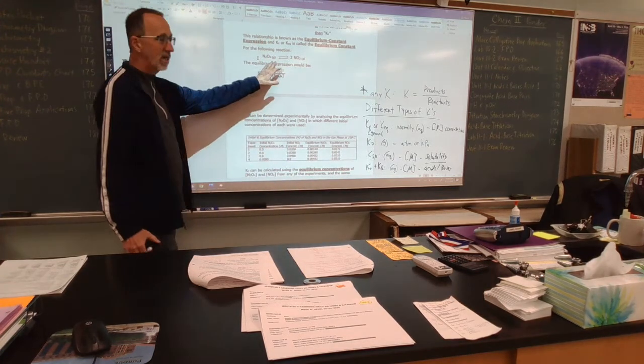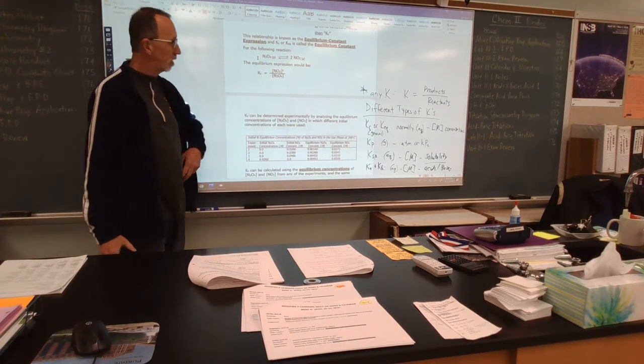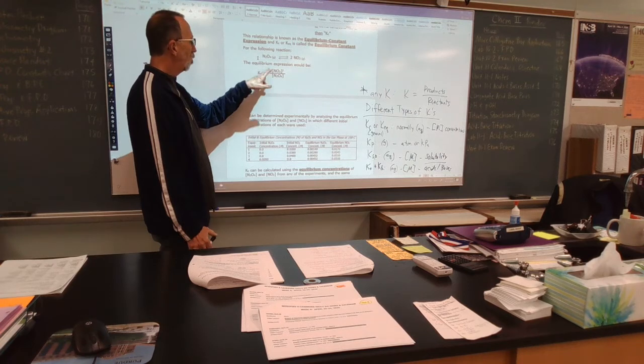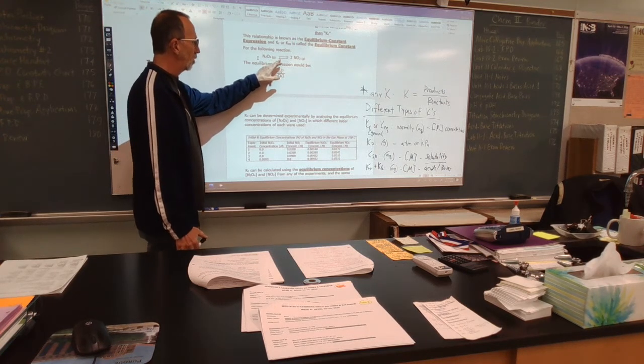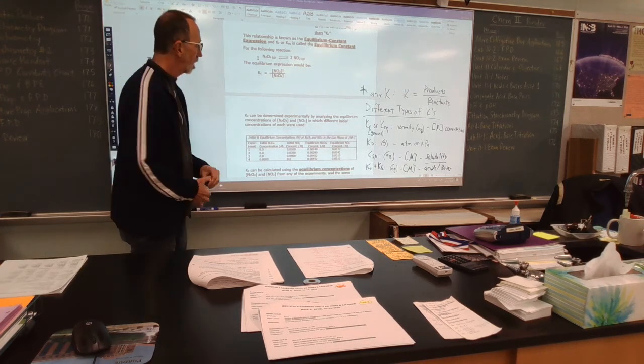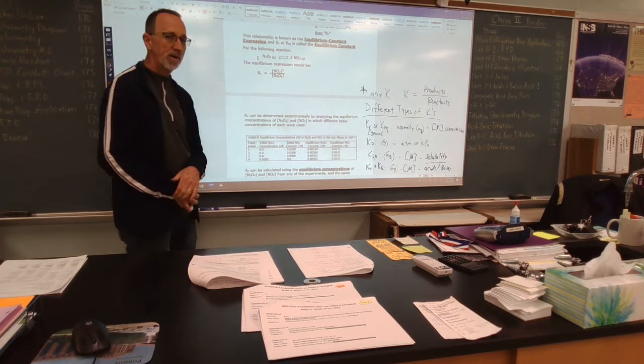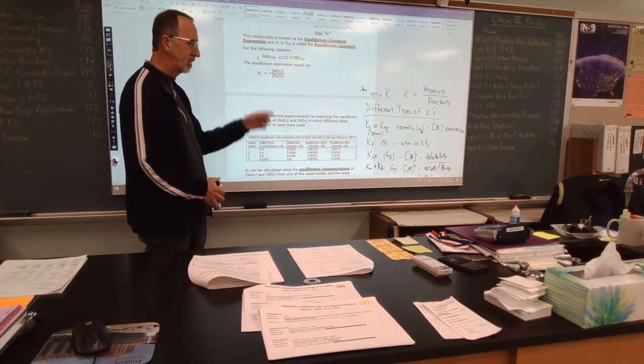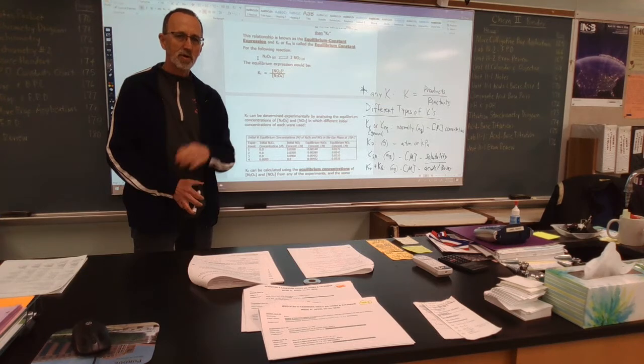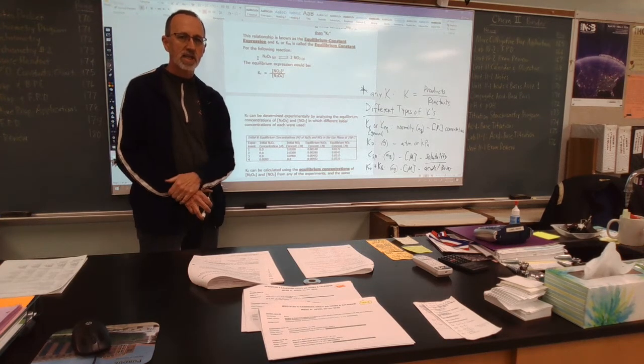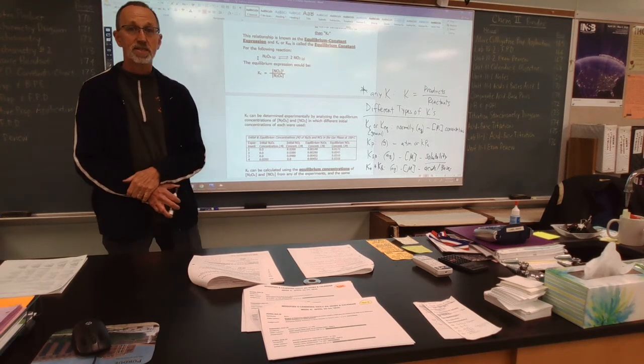Here we have a reaction at equilibrium, so again, it's got to be in a closed system. We have N2O4 gas in equilibrium with 2NO2 gas. The equilibrium constant expression, or K, is products over reactants, and Kc or Keq uses concentration.